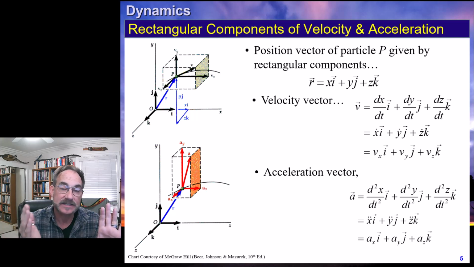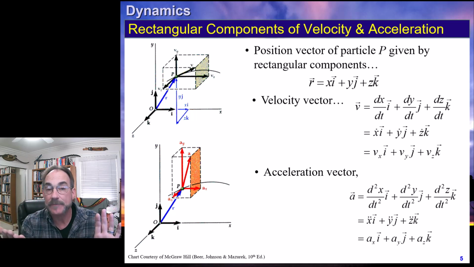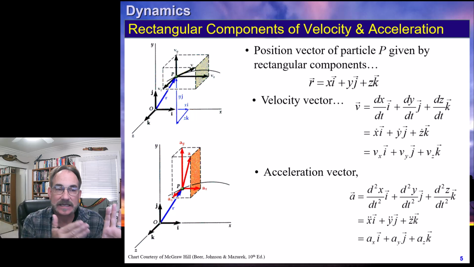We can define it as the dx dt i plus dy dt j plus dz dt k, or as the x dot i plus y dot j plus z dot k, or just the magnitude of the velocity in the x times i plus the magnitude of the velocity in the y times j plus the magnitude of the velocity in the z direction times k. Any of those methods.